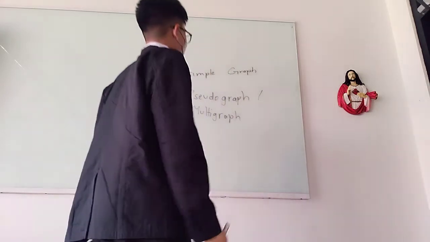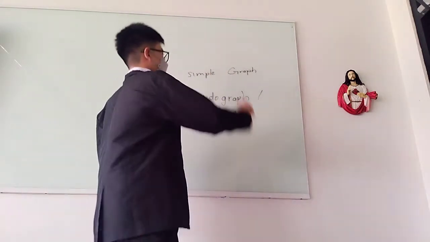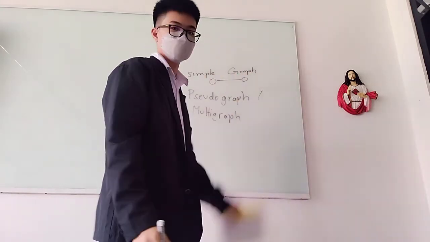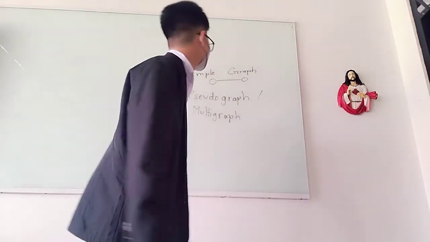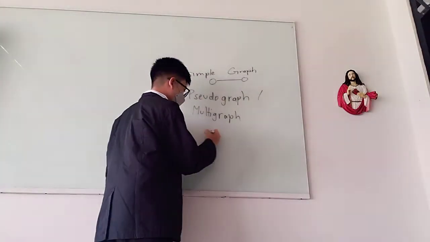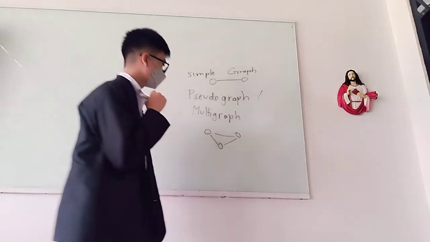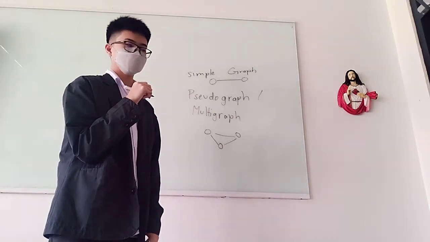The simple graph is basically just a graph that has two vertices and one connection between them, whether undirected or directed. A pseudograph, or multigraph, is a graph that has multiple vertices and thus multiple connections between them.